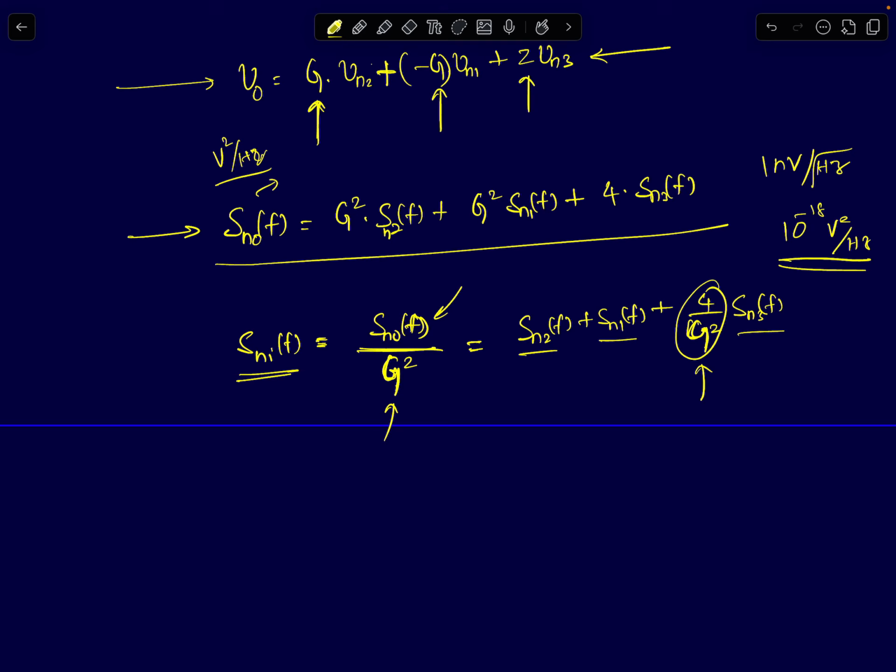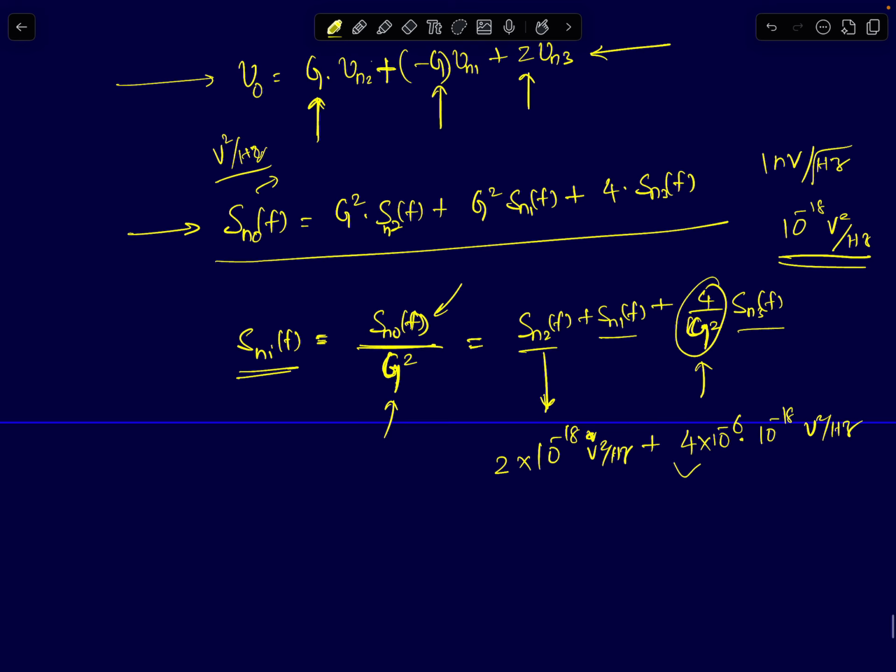Since Sn of f is given by 10 power minus 18 volt square per hertz, these two are the same. I can multiply it by a factor of 2, plus this term will turn out to be 4 into 10 power minus 6 times 10 power minus 18 volt square per hertz. So if you see, this is 6 orders of magnitude lower. So I can ignore this term.